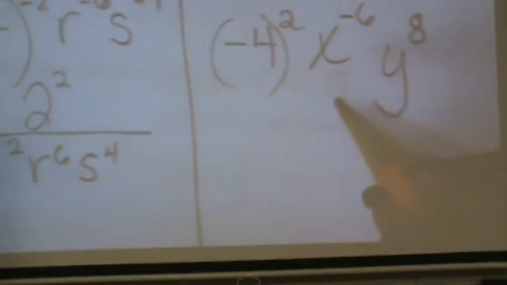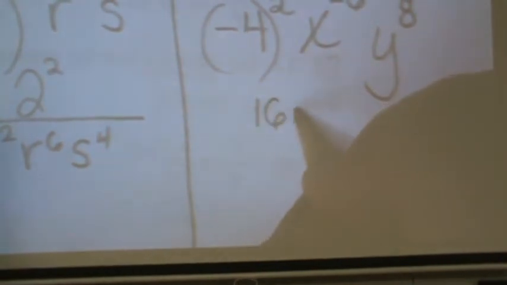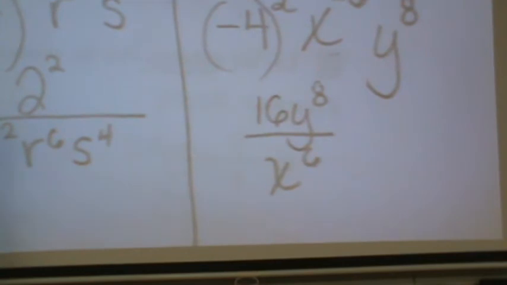The x. Where's it going? And what about this? Are we going to move that? No, it's positive. Now, see how this is in parentheses? You have to square both the negative and the 4. So what is -4 times -4? Uh-huh. So this is your best answer.